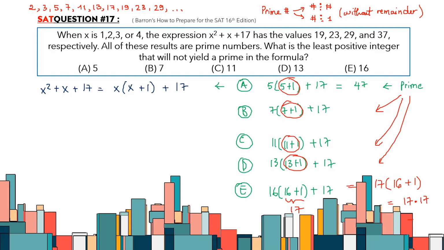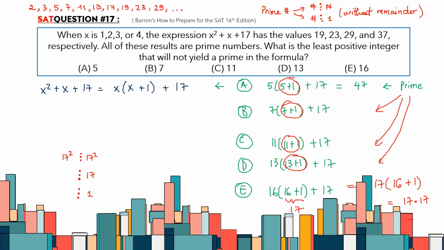But for E, the number you have is 17 squared. That number can be divided by 17 as well as 17 and 1, so that number is not prime.